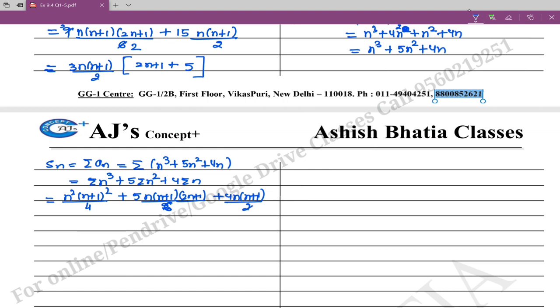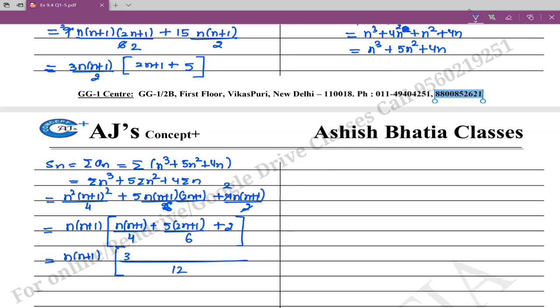Fine. So this 2 and 4 will be cancelled out. Again I can take n into n plus 1 as common. I will be left with n into n plus 1 by 4 plus 5 times of 2n plus 1 by 6 plus 2. So the LCM would be 12 of 4 and 6.